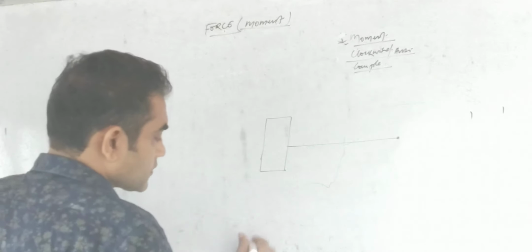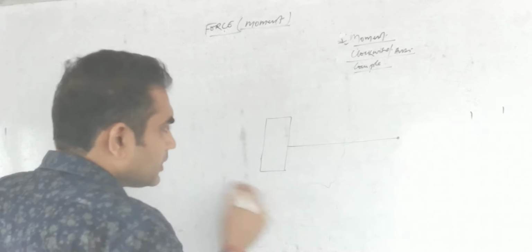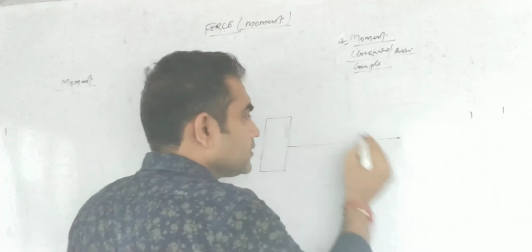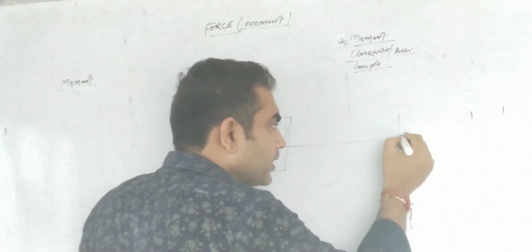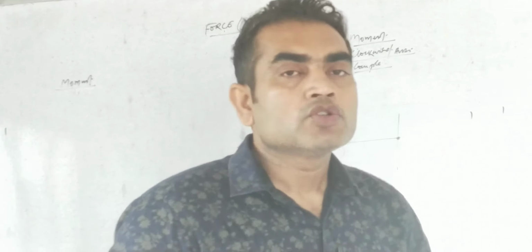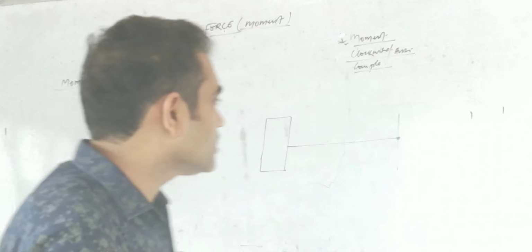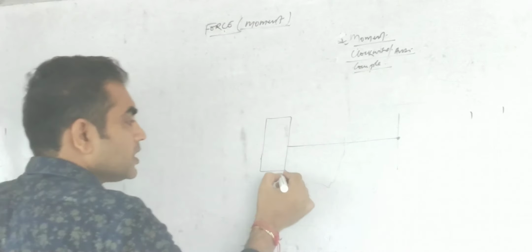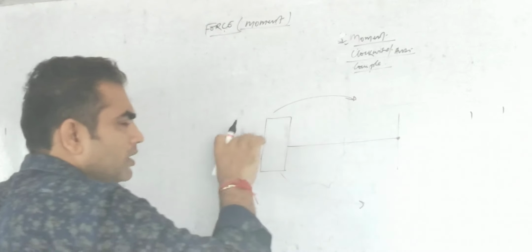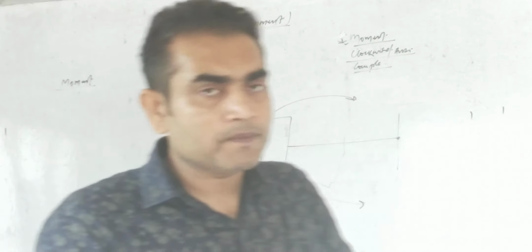So we have an object pivoted at a particular point, and when a force is applied, the object will tend to move in this direction or in this direction, in whatever direction we apply the force.